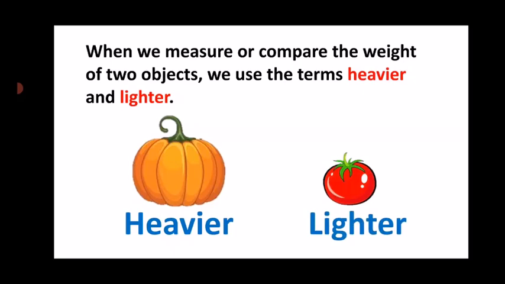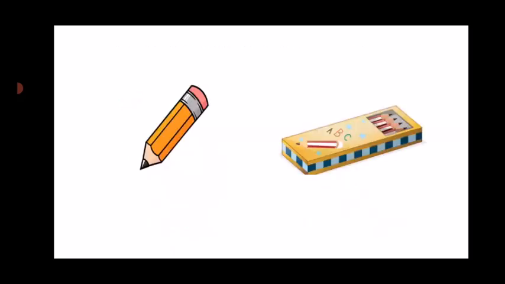Now let's take another example. So children, what can we see here? Yes. Here we have a pencil and a pencil box. Do you think there is a difference in their weight? Yes children, the weight of a pencil is less than the weight of a pencil box.